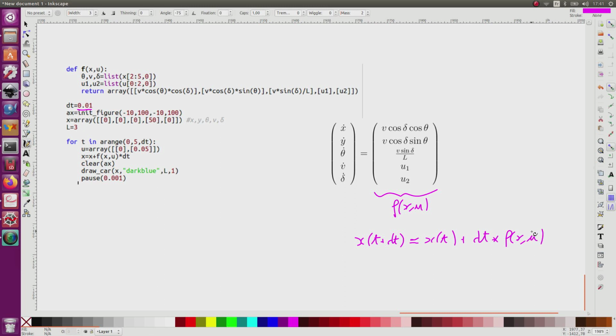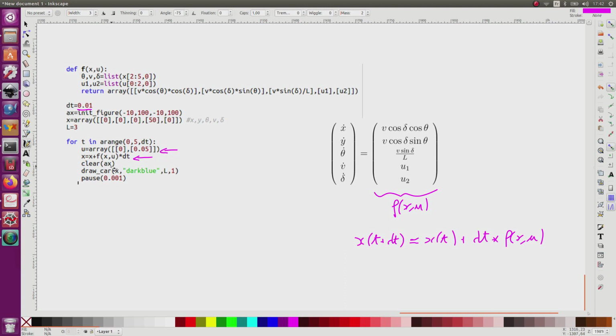The Euler scheme is given here. This is a constant input, so zero acceleration, and I just turn the front wheel left at a rotation rate of 0.05 radian per second.